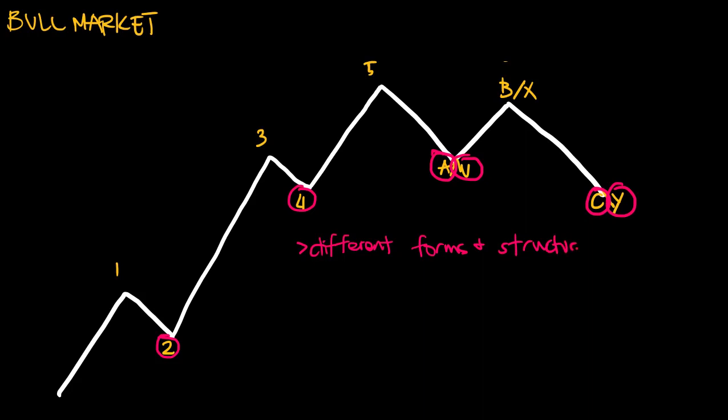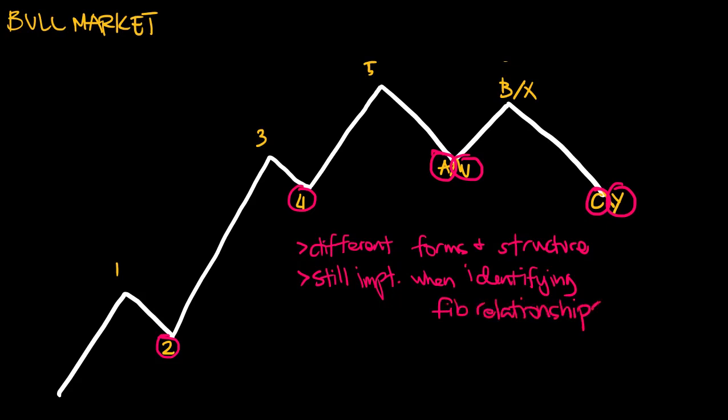Therefore, these waves take a minor role in characterizing a reliable DCS formation. However, they are still crucial in identifying Fib relationships of the DCS as laid down in our Fibonacci framework.